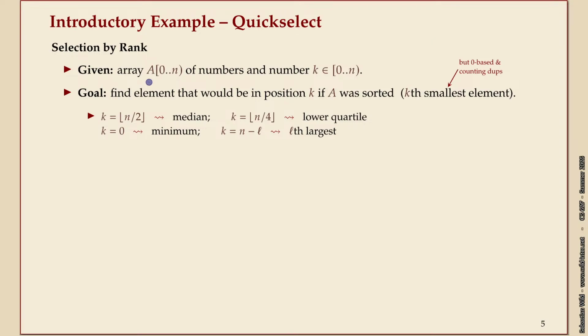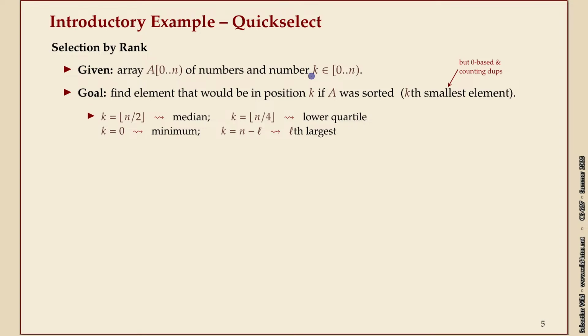So just to recap, the input is an array of numbers or arbitrary objects that you can do pairwise comparisons on. And you're also given a number k, and you're trying to find the element that would be in that given position k if the array was sorted. That's a convenient way of saying that you want the kth smallest. It's a bit more precise in case there are duplicates in the input.